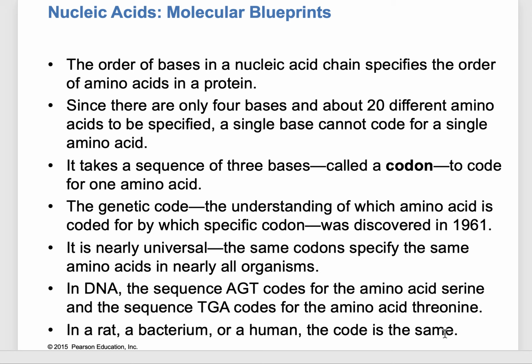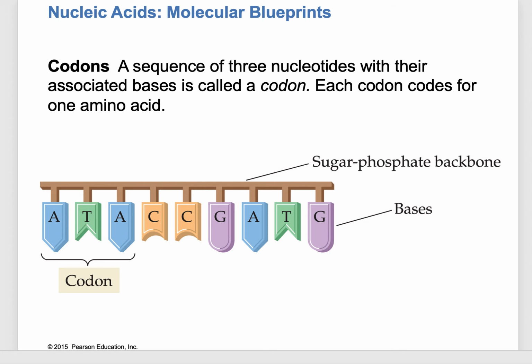And pretty amazing, the code is the same whether it's a rat, bacterium, or a human being. It's the same code for the same amino acid. That's pretty nice. Well, it's possible to have more than one codon for one amino acid. In other words, you can have two different codons that code for the same exact amino acid.